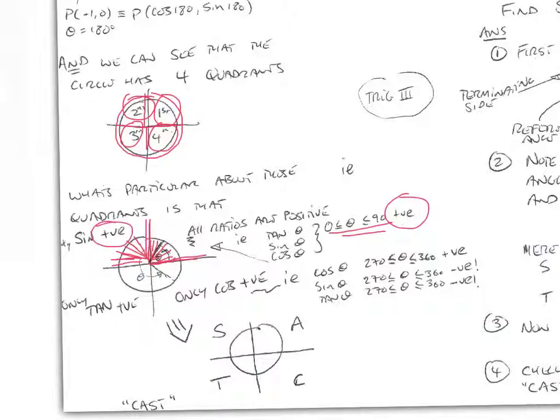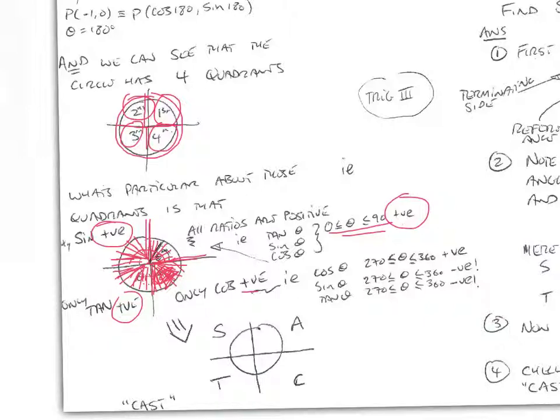The tan and the cosine will give negative values. Down here, if our theta is between 180 and 270, then only the tan of any angle will be positive. The sine and the cosine will be negative. And finally, in the fourth quadrant, from 270 to 360, only the cosine of any of these angles will be positive, whereas the sine and the tan will be negative.